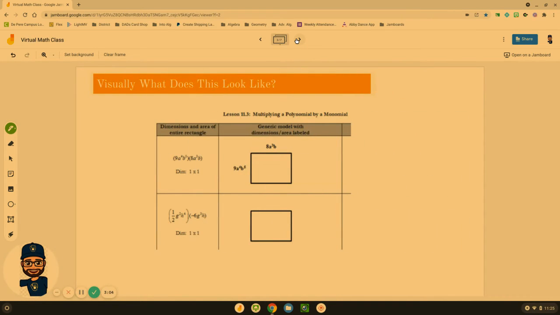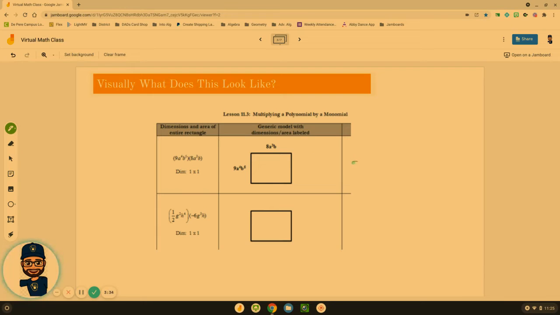That's true when they're the same variable or they have the same base. Now, we can also look at this in terms of a box. Notice they're asking us here to multiply 9a to the fourth b to the fifth times 8a to the third b. So it's a 1 by 1, a monomial times a monomial, one side times one side. When we multiply a monomial times anything else, and we look at a box, we're going to multiply the coefficients.